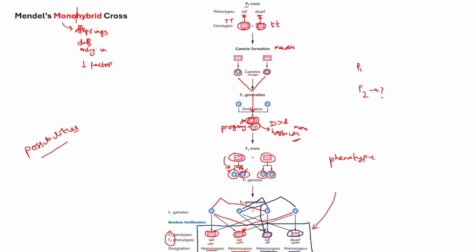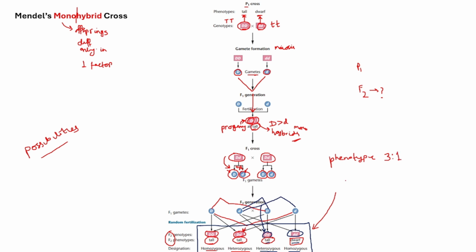Phenotypic ratio means how many of them are tall and how many of them are dwarf. That is what we are dealing with for phenotype. So you can see here 3 are tall, and 1 is dwarf, right? So the phenotypic ratio for a monohybrid cross is 3:1.